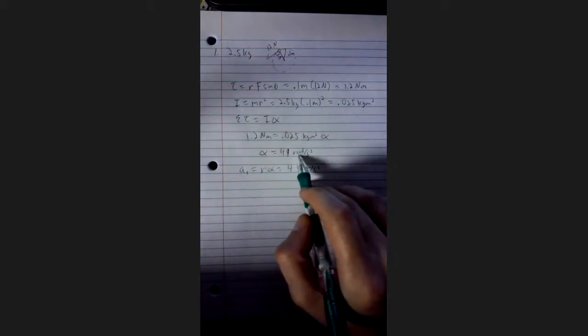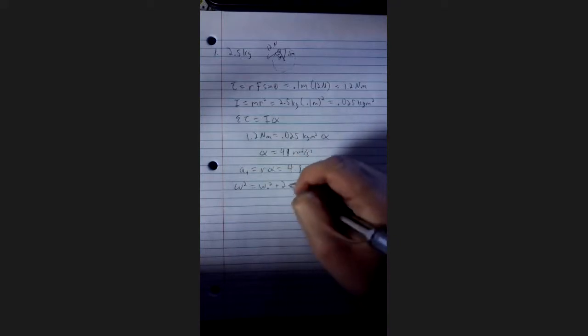So this is an angular kinematics problem. We know our angular acceleration. So we know that it starts from rest. So we can use this equation. Our angular velocity squared is equal to our initial angular velocity squared plus 2 times the angular acceleration times the angular displacement.